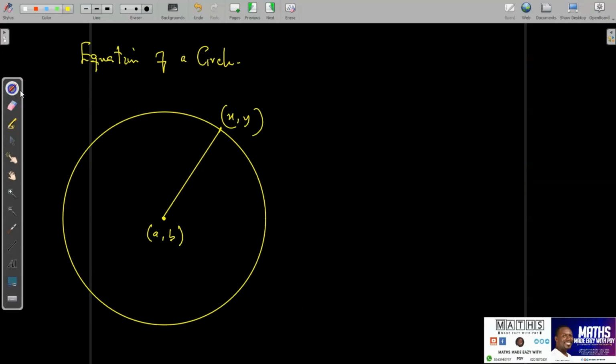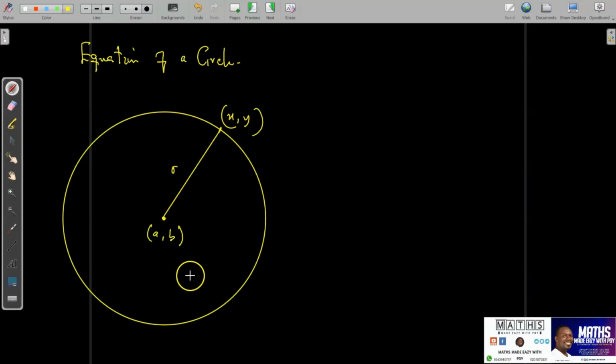The radius. Very good. So if this gives me the radius, let me use small r for that matter. It means that with the center of the circle, the set of points on the circumference, as well as the radius, I can link this up to form an equation simply.